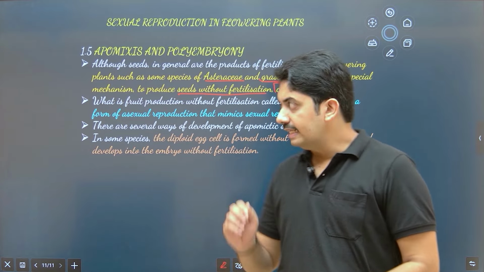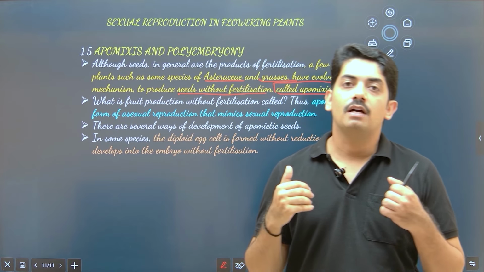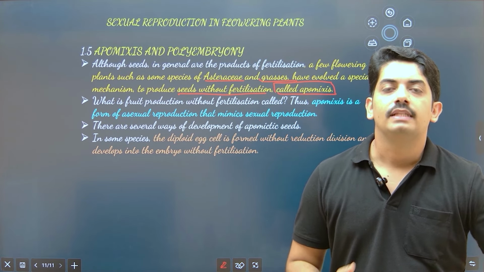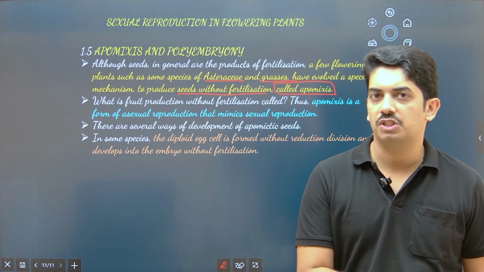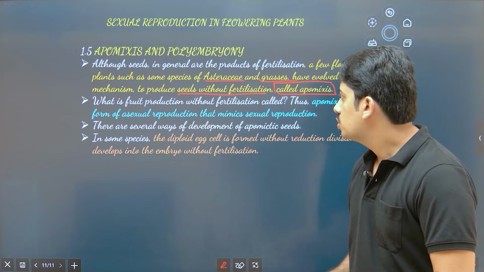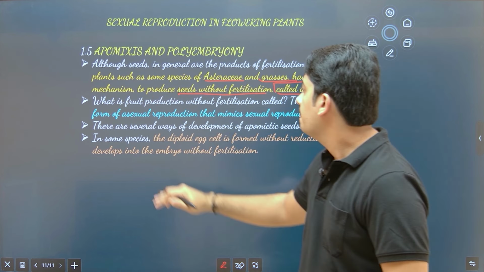So introduction of apomictic seeds in agriculture may be profitable for farmers. They can use the seeds produced in their own farm for the next generation production. So it has great agricultural application importance.